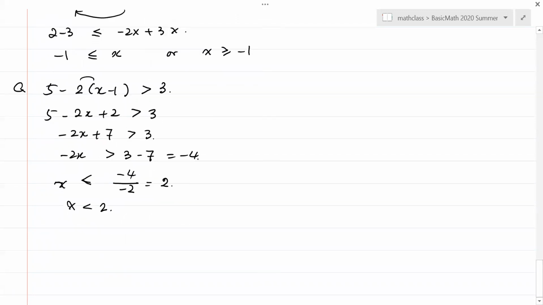Let me show you another way to do it. Another way is I'm not going to multiply this out because there's only one factor here, x minus 2. So what I'm going to do is I keep it, but I move 5 to the right-hand side. It becomes negative 2. Okay? Then both sides are divided by negative 2. Change the direction of the inequality, which is 1.